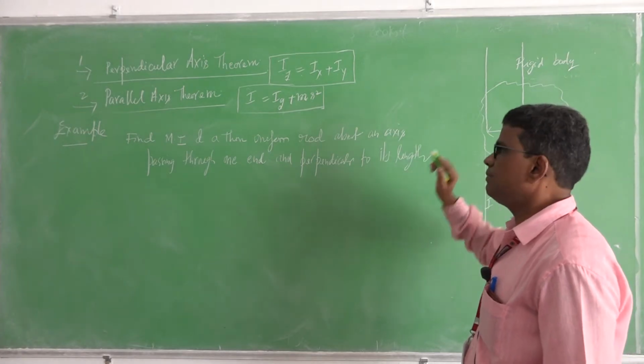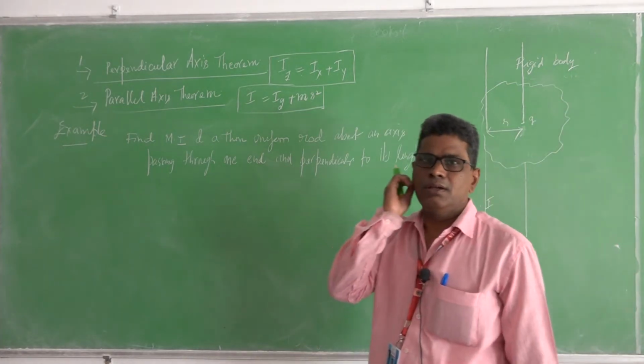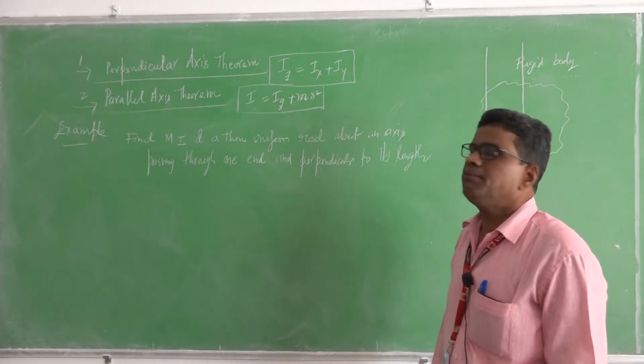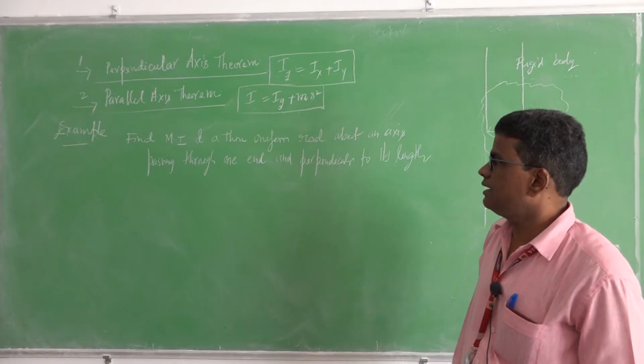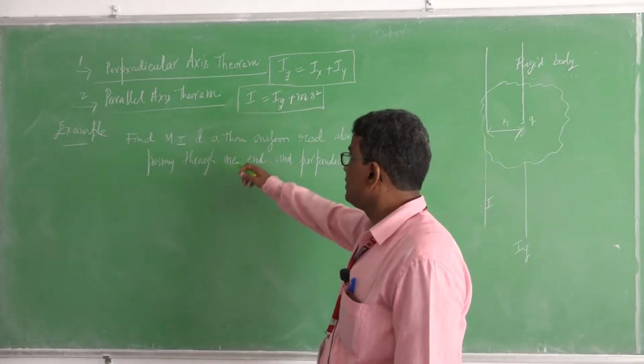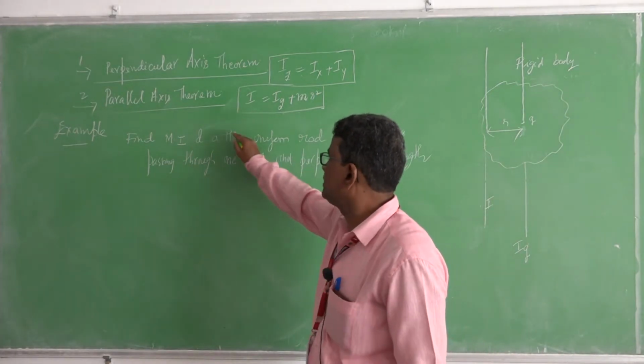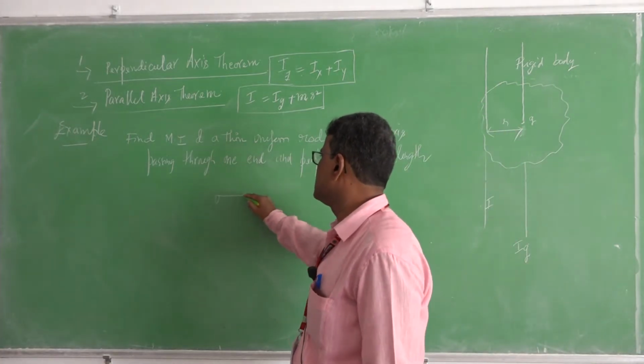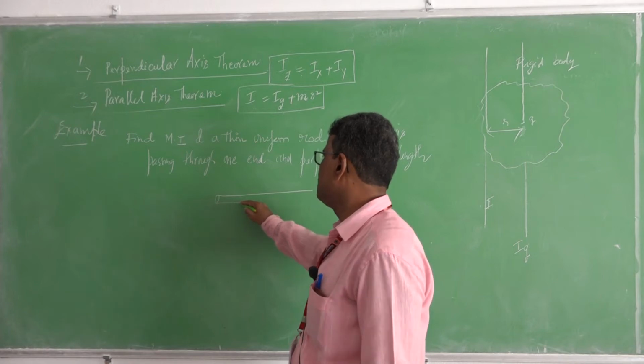So this is the problem. How can we apply this theorem? Here I am going to apply the parallel axis theorem. Let it be a thin uniform rod.